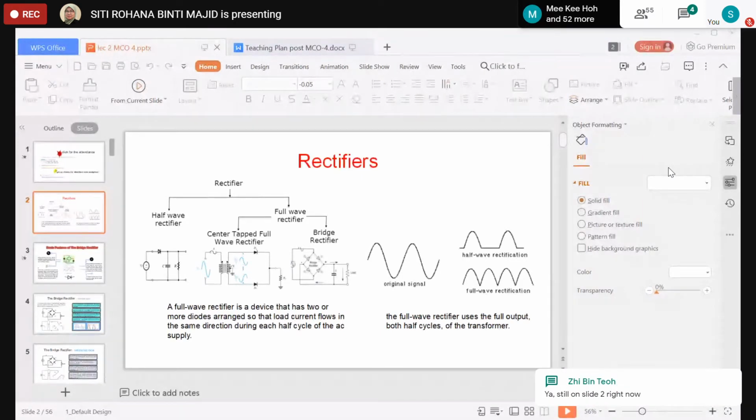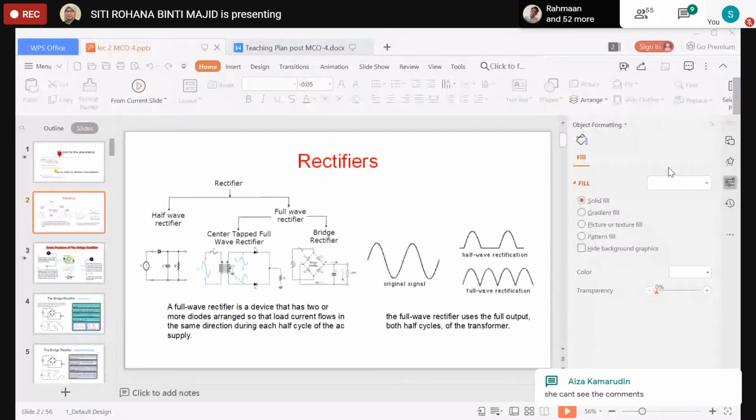Meanwhile, for D4, because the positive terminal of A is attached to the negative terminal of D4, D4 will act as reverse biased. The negative potential at point B will connect to the positive terminal of D1, and therefore D1 is also forward biased.